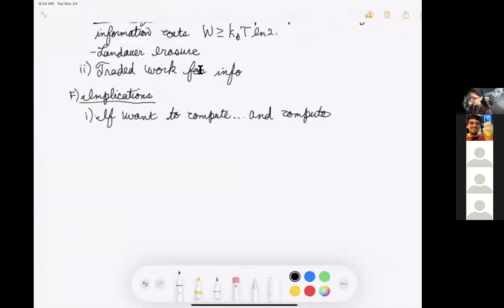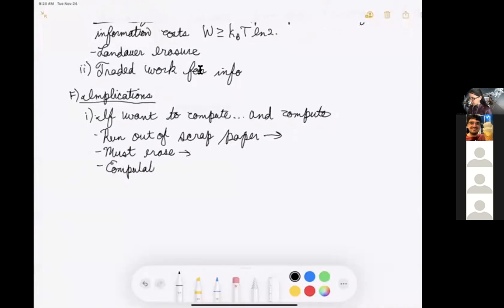Eventually, we will run out of scrap paper, which we need for computations. We're going to have to erase scrap paper. And we just saw that erasure costs work. So computation, at least extended computation, has a fundamental thermodynamic cost.